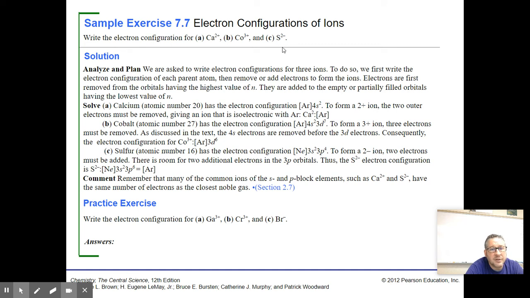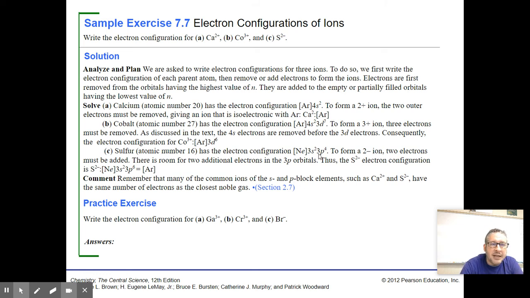And our last example is S2-. Sulfur's typical electron configuration is [Ne]3s2 3p4. But in order to form a 2- anion, we have to add 2 electrons. And those 2 electrons must go in the subshell that is lowest in energy and only partially filled, not fully occupied.